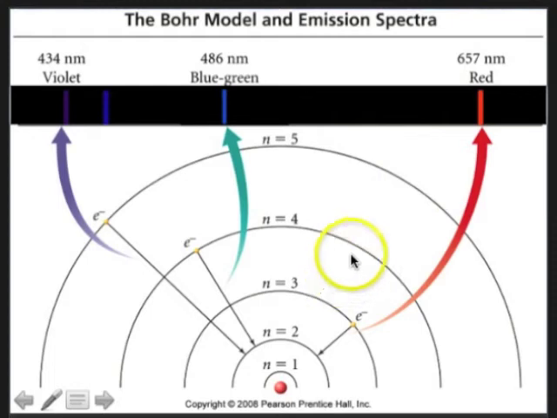So energy was released when electrons fell from higher energy states to energy states or orbits closer to the nucleus. They would release specific, discrete amounts of energy as specific wavelengths of light.